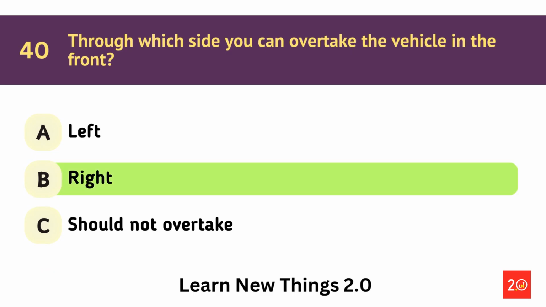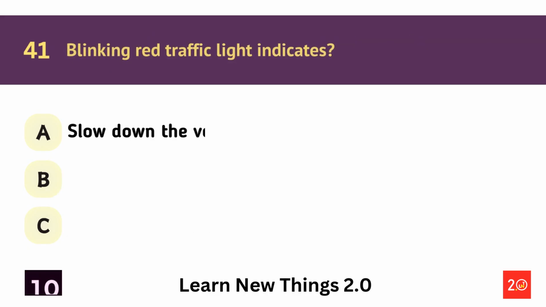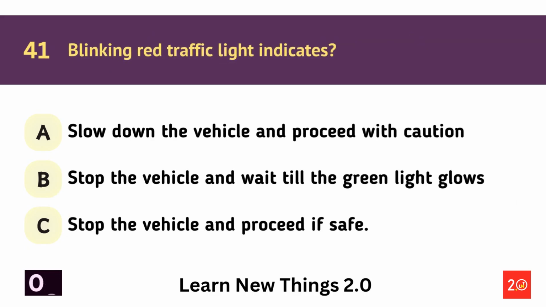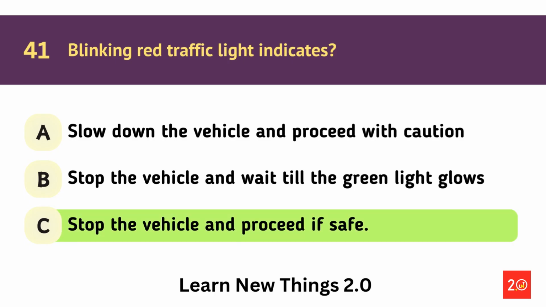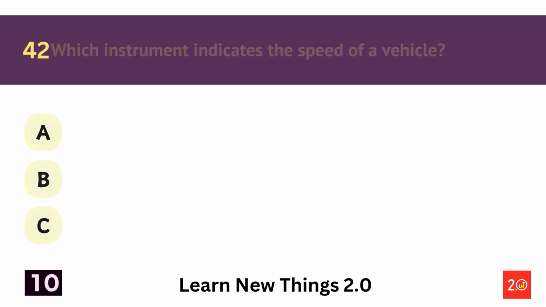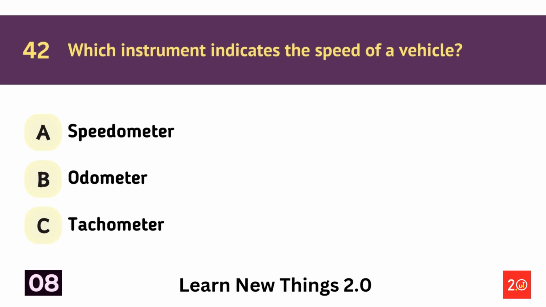Right. Blinking red traffic light indicates stop the vehicle and proceed if safe. Which instrument indicates the speed of a vehicle?